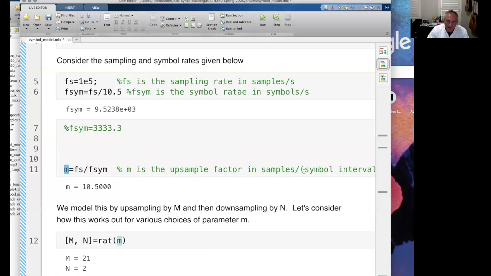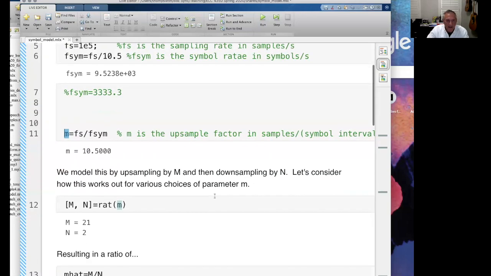Well, in some cases that's accurate, because if the symbol is completely contained in one symbol interval, it would be samples per symbol. But we know we're using square root raised cosine pulses, and so the idea of samples per symbol is not quite right. It really should be samples per symbol interval. Okay, so that being straight, we can move on.